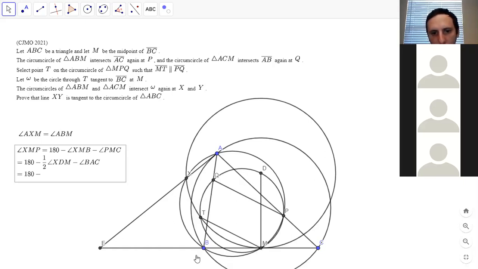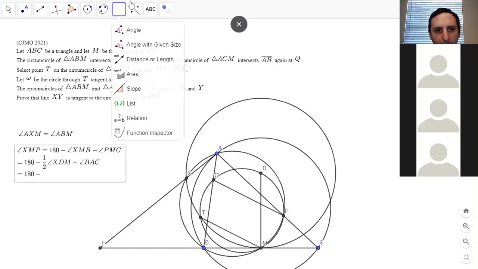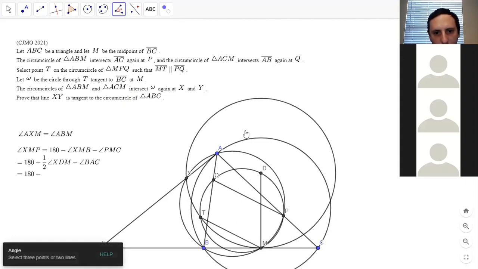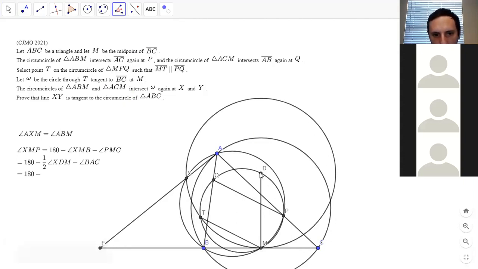So since angle DMB is 90, angle DXB should also be 90, right? I guess not. Why is that? Oh, because B is not the midpoint of arc XM.